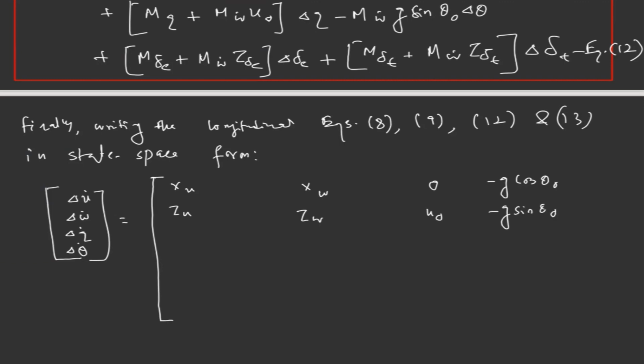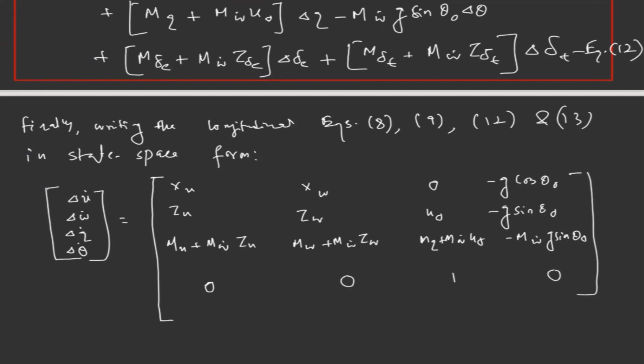And from the delta Q dot equation, we have the coefficients of the state variables: mu plus mw dot ZU, mw plus mw dot ZW, mq plus mw dot u naught, and minus mw dot g sine theta naught.